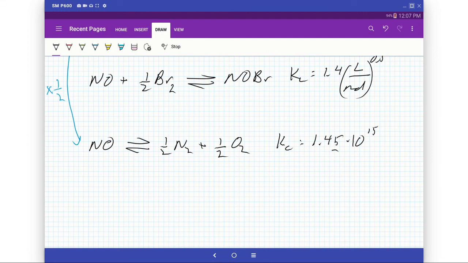The next thing I need to realize is that nitrogen and oxygen are reactants in the overall reaction. So I'm going to multiply through by -1, or reverse the reaction. And when I reverse the reaction, what I get is 1/2 N2 plus 1/2 O2 in equilibrium.